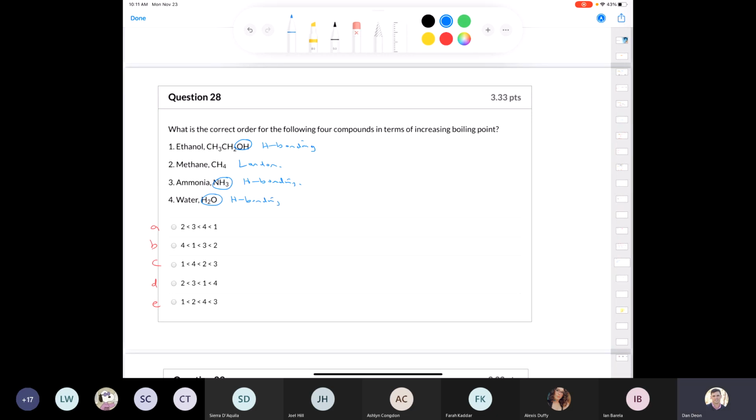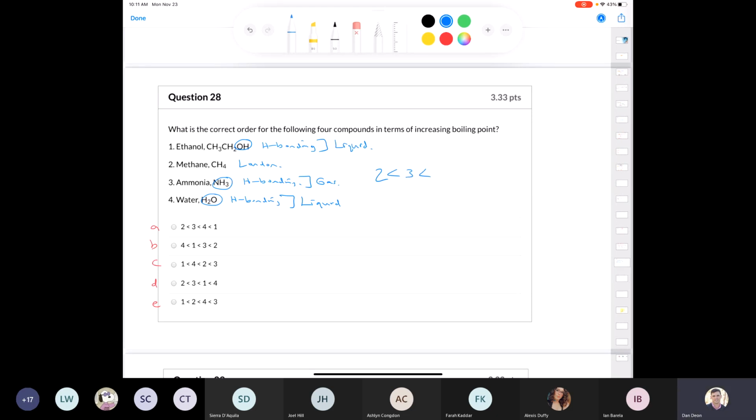We got 3 compounds with hydrogen bonding. The thing is, ethanol and water are both liquids. Something that you should know is that ammonia is a gas. So we know it's going to go 2 is the lowest, then 3.